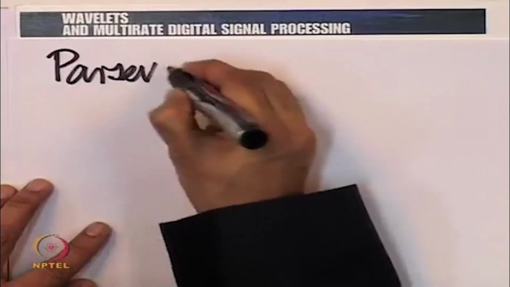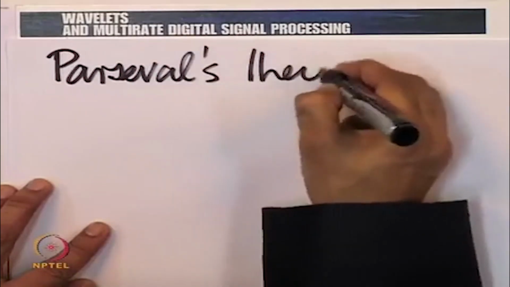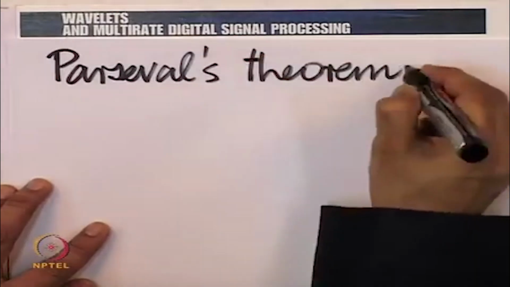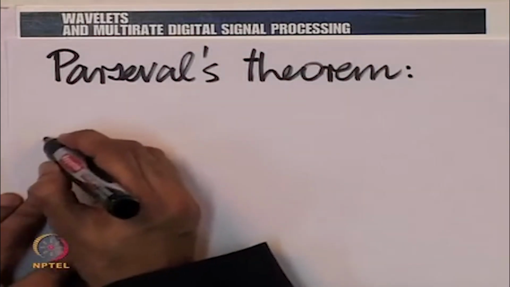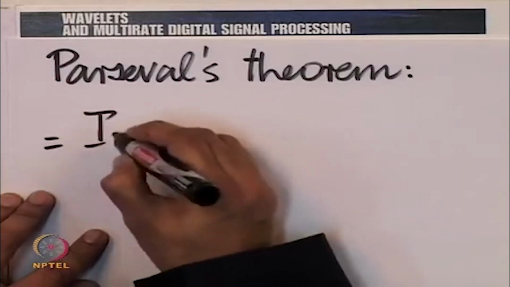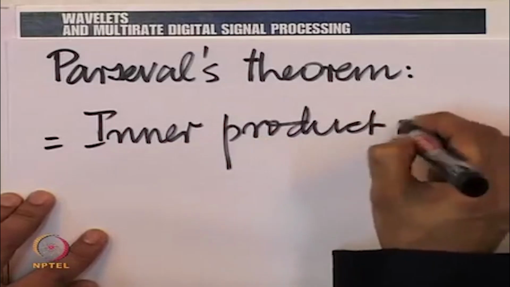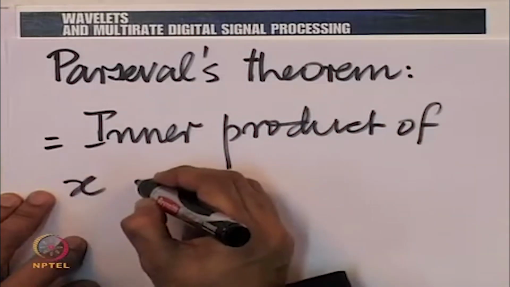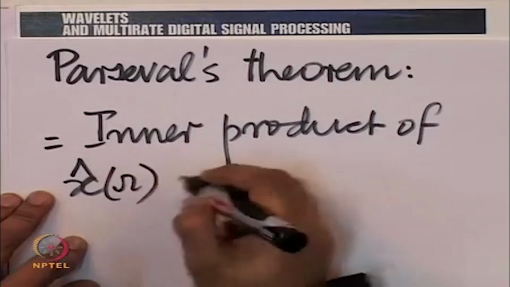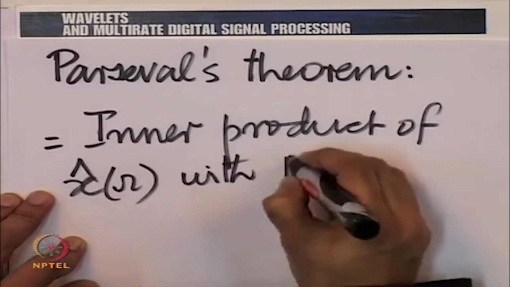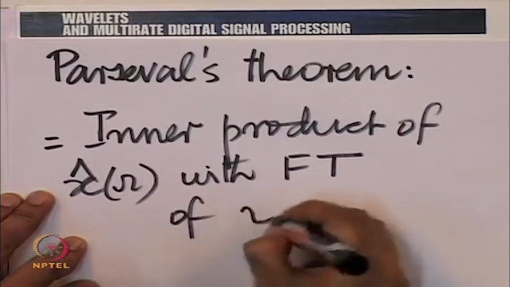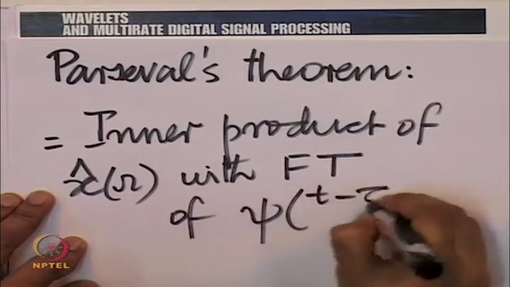What are we doing there? Let us use Parseval's theorem again. This is also equal then to the inner product of x cap omega with the Fourier transform of psi of (t minus tau naught) by S naught.